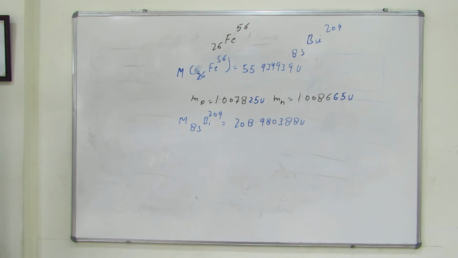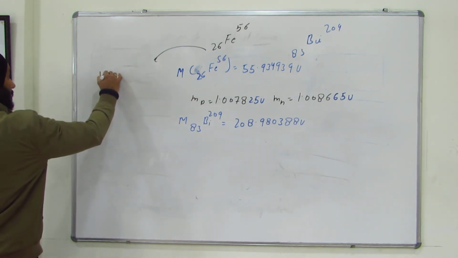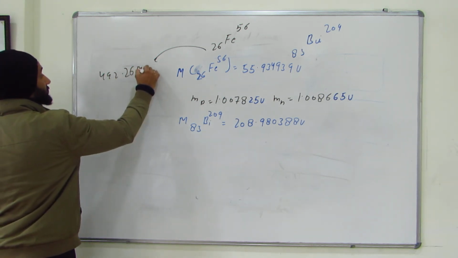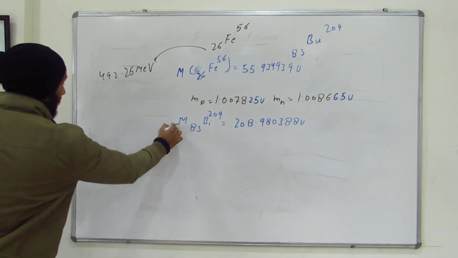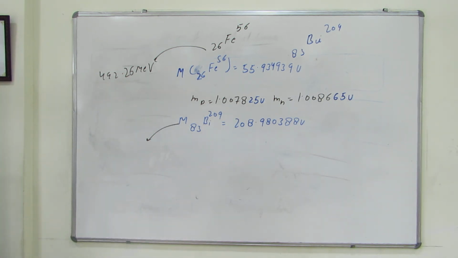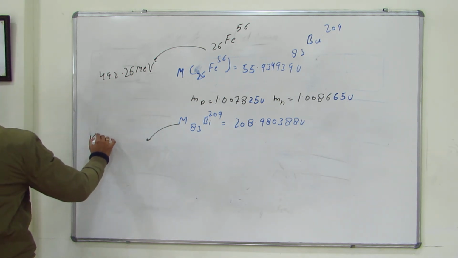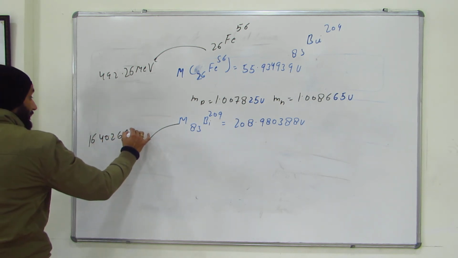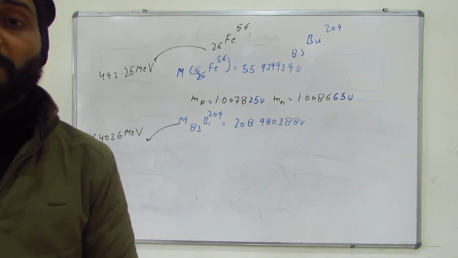If I write the answer, then binding energy in MeV for iron would be 492.26, and the binding energy for this part, the answer would be 1640.26 MeV. I want you to calculate the binding energy per nucleon as well.